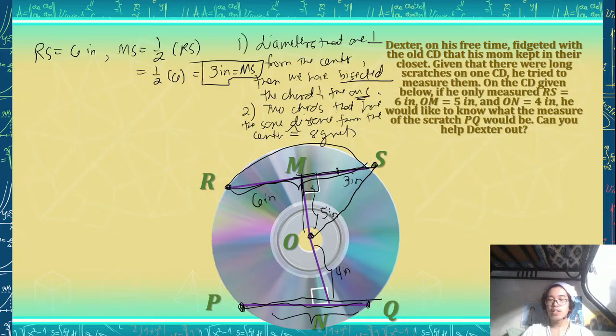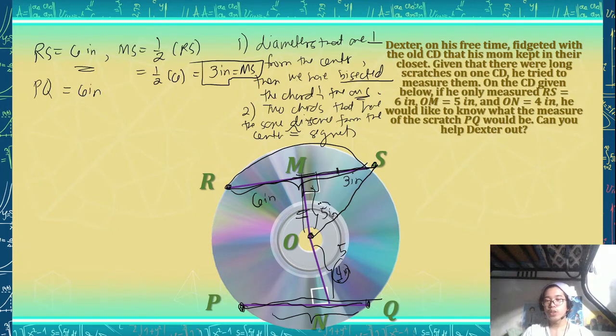Let's say for example this is going to be 5 and this is going to be 5 as well. Then the measurement of RS is going to be equal to the measurement of PQ. Since we know the value of RS is equal to 6 inches, therefore PQ must be equal to 6 inches as well. But that's not the case.